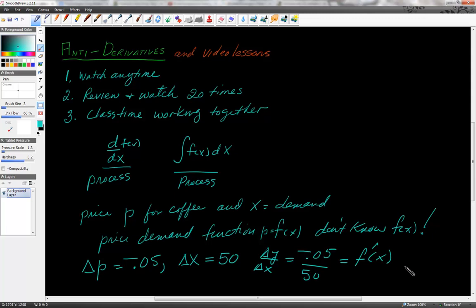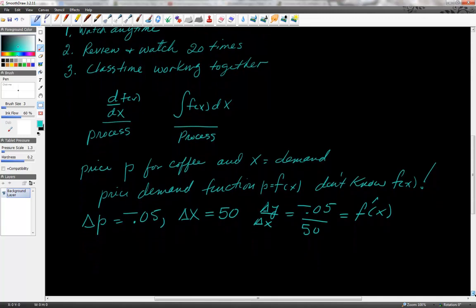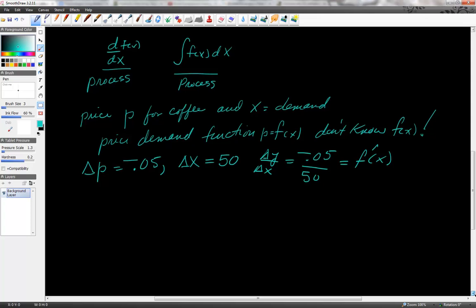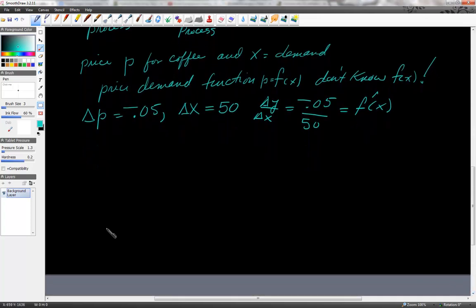So that's f prime x. So, wow, here is a case where we know f prime of x, but we don't know f of x. And what I need to do before I can establish a revenue function, I need to be able to figure out what f of x is.